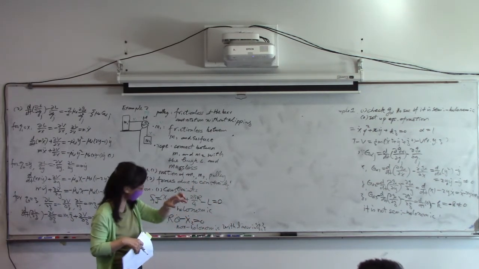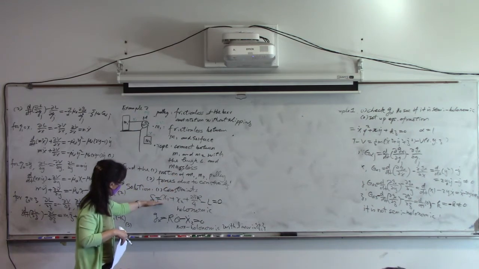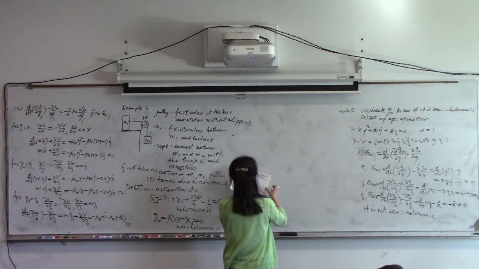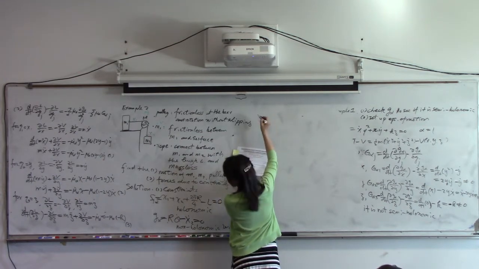The generalized force has the part corresponding to this one, the part corresponding to g alpha. So now we are going to check, okay, that's the first one, solution one, right?